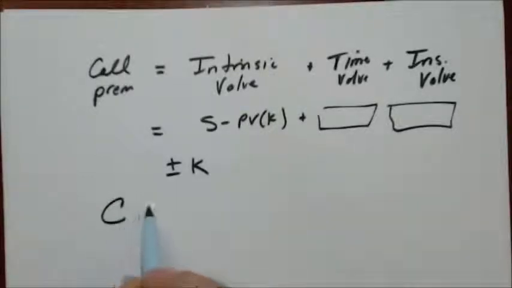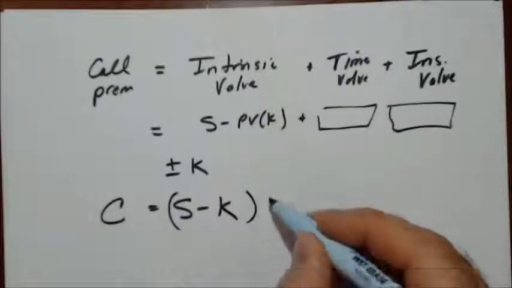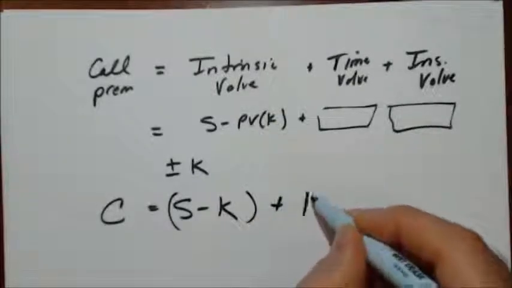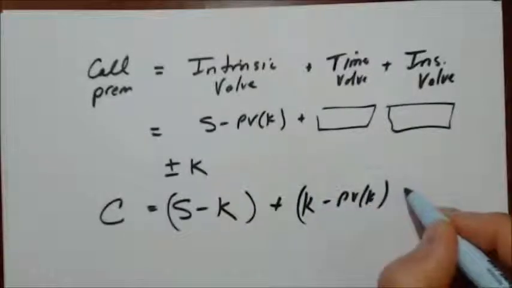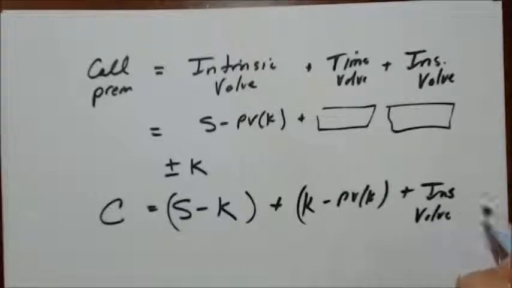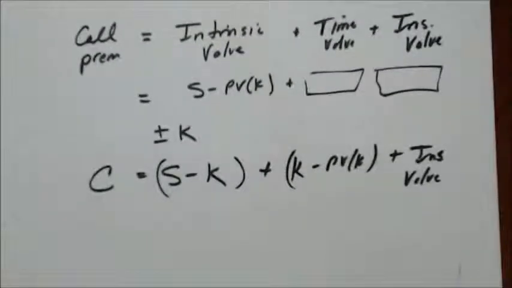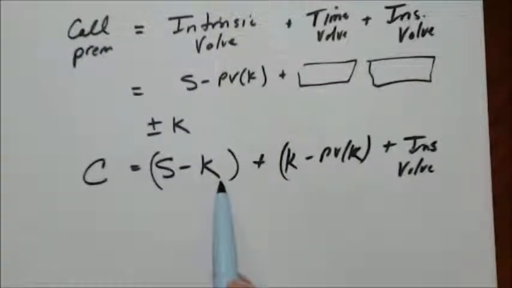And so the call is going to equal K minus S. Now we're looking at an American basically, right? Plus K minus the present value of K, plus the insurance value. So here's the intrinsic value for an American.